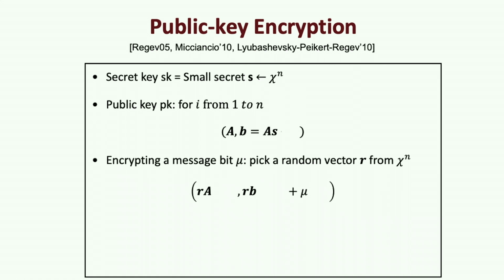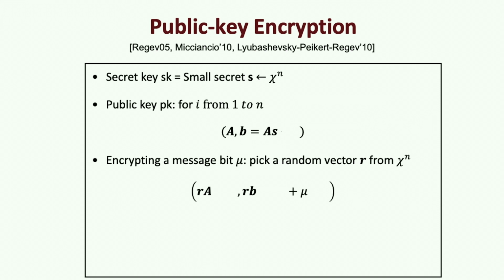Here is how you encrypt a message, which is a number in Z mod QZ, right? I come up with a random linear equation in a random secret R, which is also small, the same distribution as S. I compute R times A, which is multiplying A on the left, and I also take A times S and multiply it on the left.